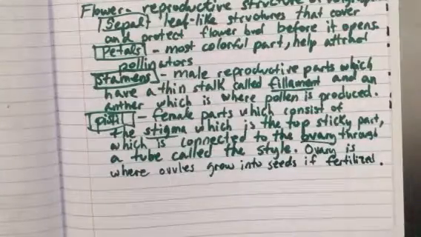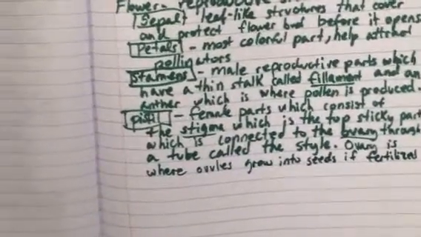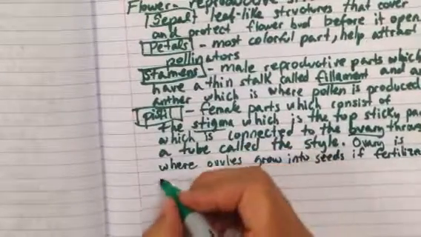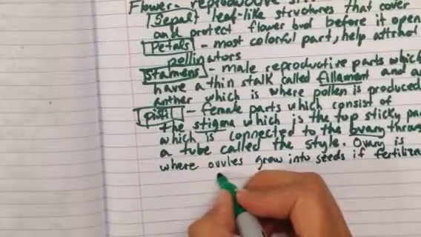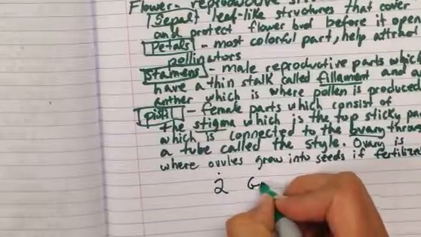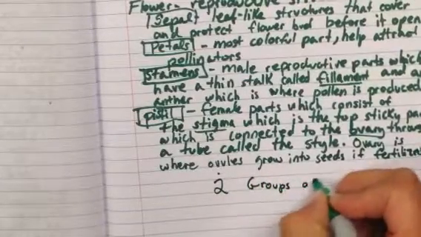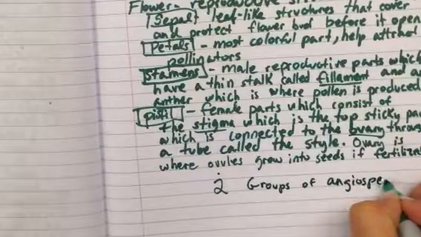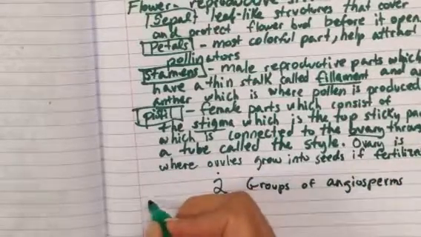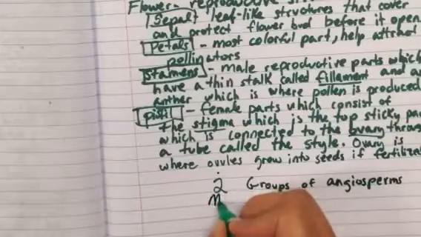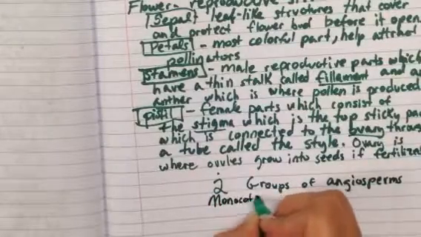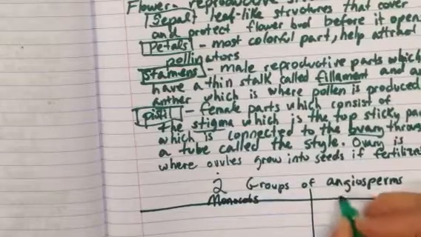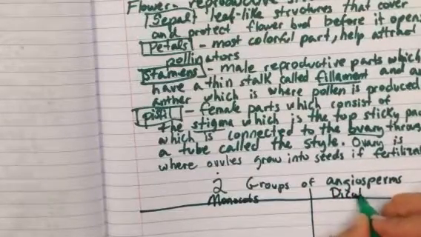All right, now we're going to make a little chart with the differences between the two groups of angiosperms. So there are two groups of angiosperms. We have monocots and we have dicots.